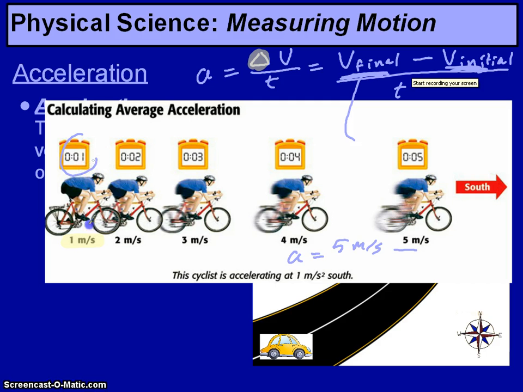Well, no, I take it back, because this guy actually started at 0 meters per second. So if we take the 5 minus our initial, which of course is 0, divided by how many seconds he was actually traveling, 5 seconds, then you're going to end up with the value 1 meter per second per second.